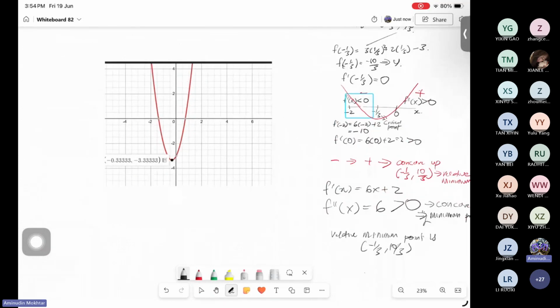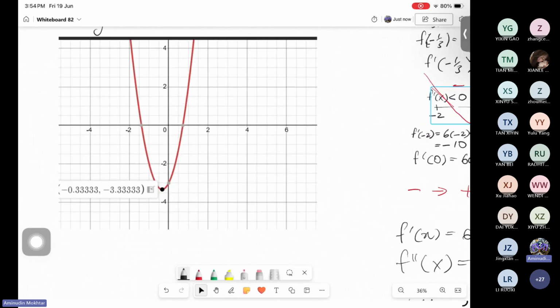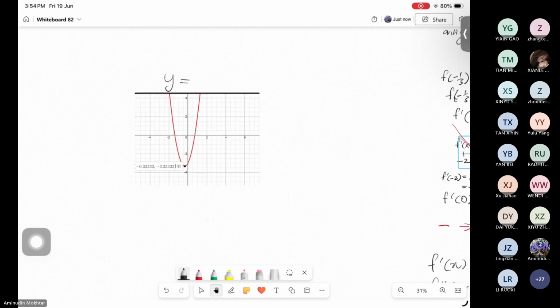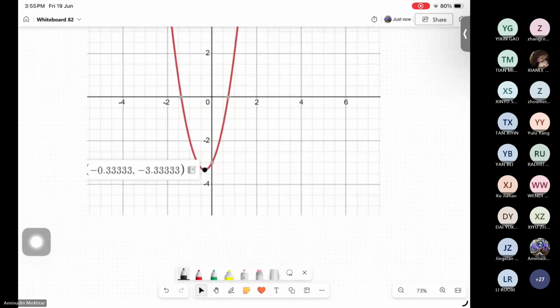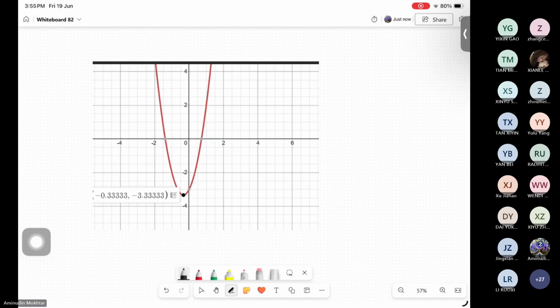Yes, you can see here. I hope you can see this graph. This graph is y equal to 3x squared plus 2x minus 3. Okay, there is the graph.